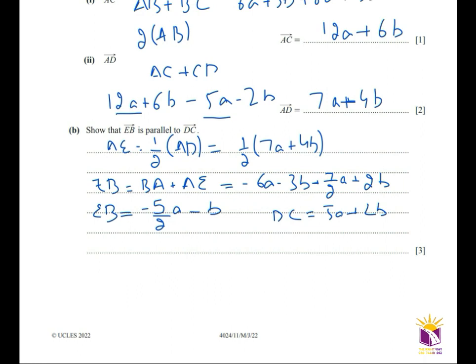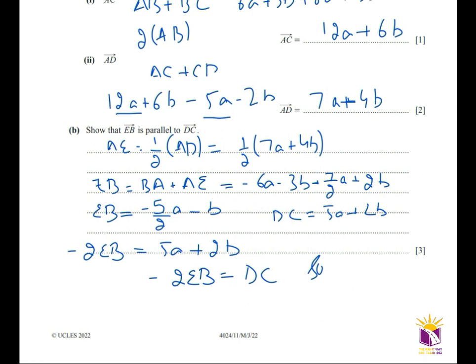If I multiply this EB by minus 2, minus 2 EB will be equal to 5a plus 2b. So minus 2 EB is equal to DC. If two vectors are equal by multiplying with some number, both of them are parallel.